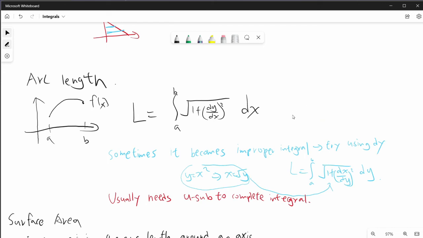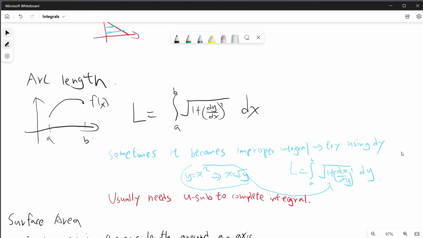Sometimes, when you take dy/dx, the derivative of this function, it might give an improper integral. So you can try using dy instead, right? Write everything in terms of y and plug it in. It will be dx/dy, with dy. Maybe you'll find better luck.